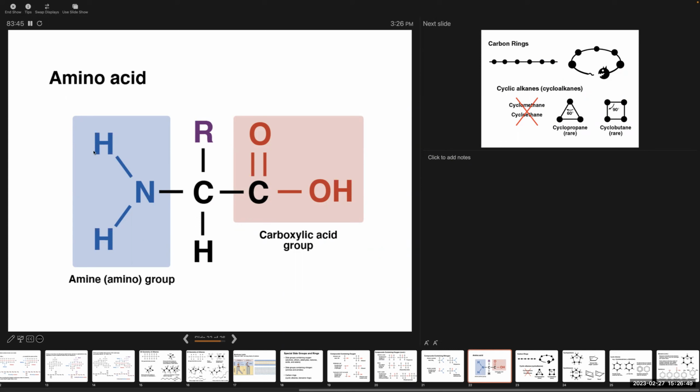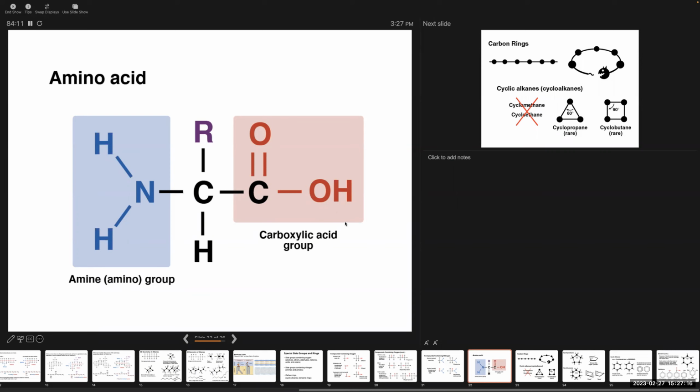On one side, you have an amine group, NH2, also known as an amino group. On the other side, you have a carboxylic acid group, which is COOH, C with a double bonded O and an OH. So this molecule is an amine and an acid at the same time, hence the name amino acid.